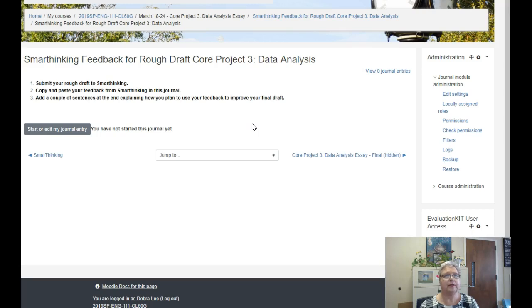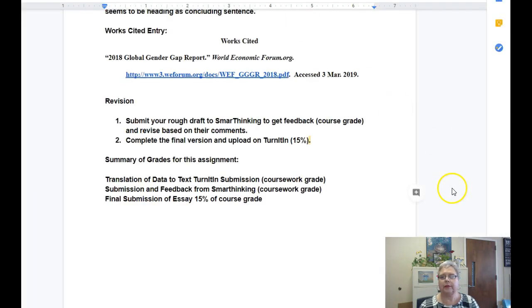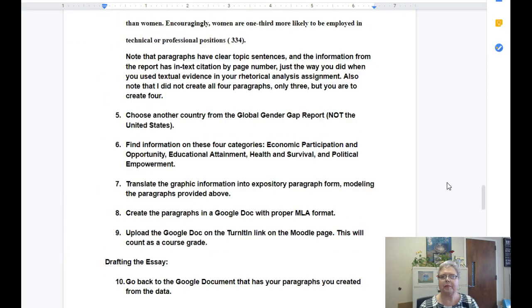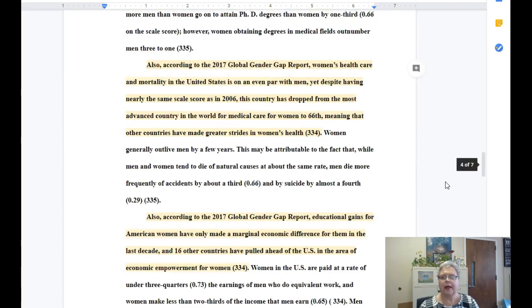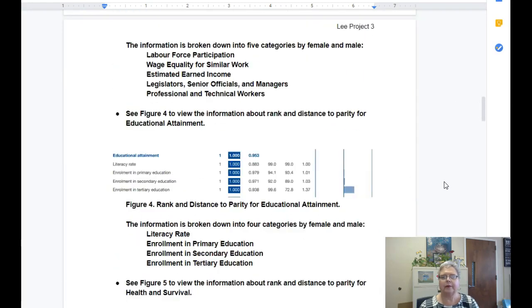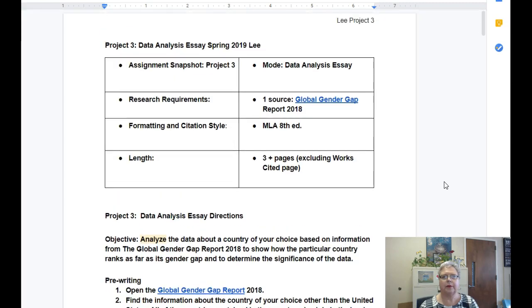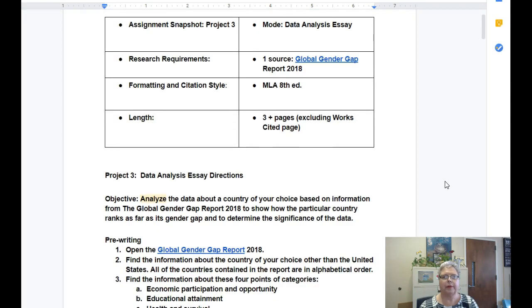Now remember, when you turn in your rough draft on Smart Thinking, they're going to want to know what your assignment is. So go to your assignment sheet, up here at the very beginning of this document, you can pull information from here for that summary that you're going to give them.